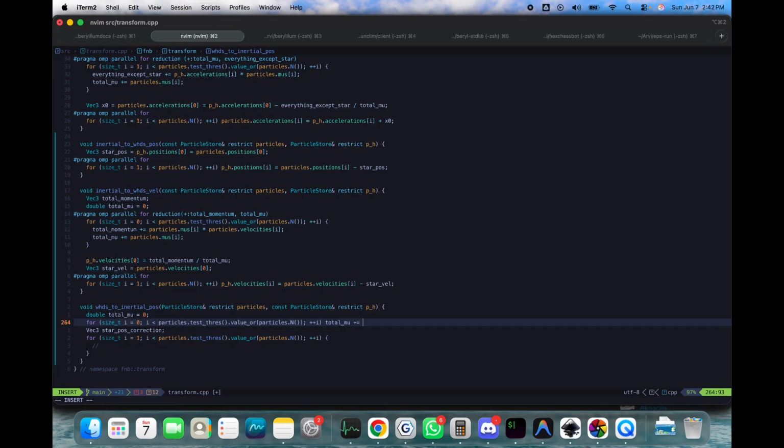Total mu plus equals particles.mu's index I. Reduction plus colon total mu.